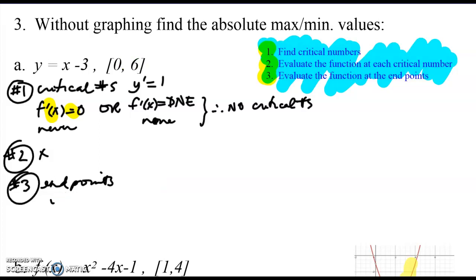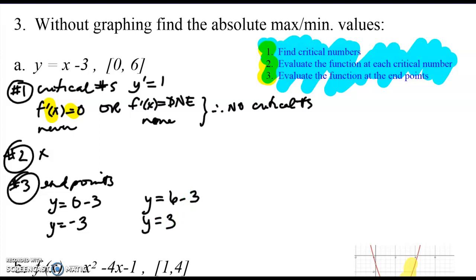So let's do that. y equals x minus 3, with x equal to 0 minus 3, and y in this case equals negative 3 at that endpoint. At the other endpoint, x is 6, so 6 minus 3. At that endpoint on the right, y is equal to 3.